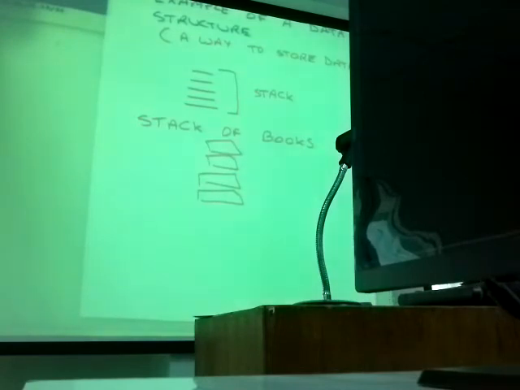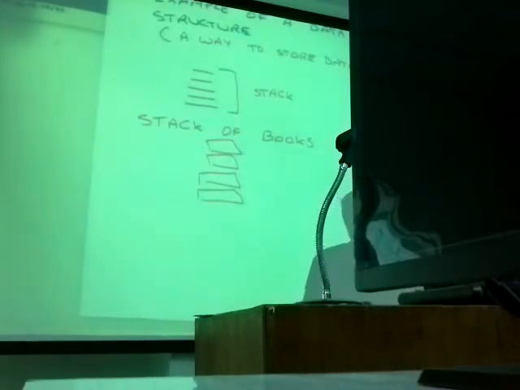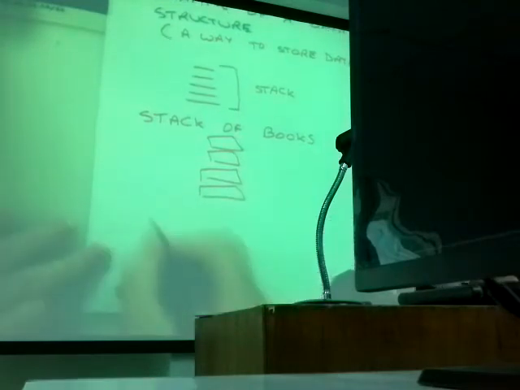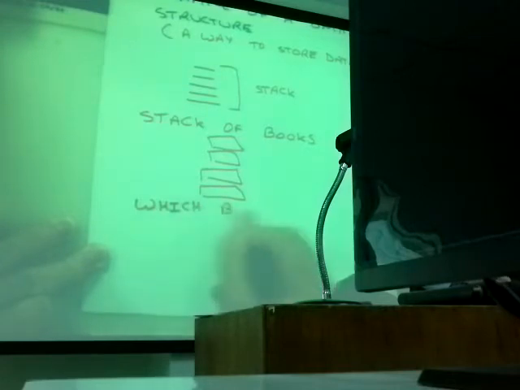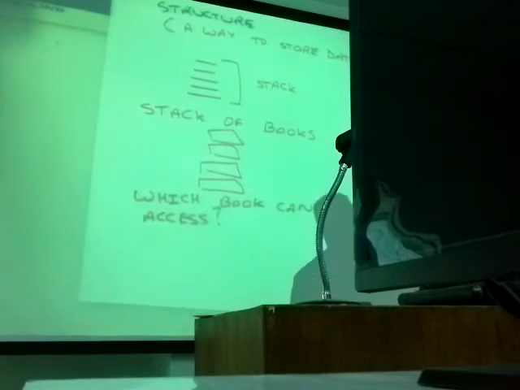Now, one thing about a stack. If we have a stack of books, I take one book, I place it down. I put another book on the top, and another book on the top. Which book can we access? What do you think?